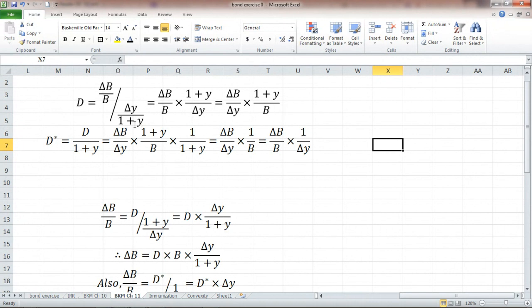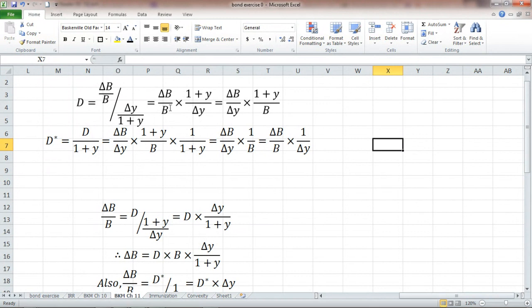So we only use the change in yield, okay? And then over 1 plus y. The bond price at time zero. Also, y is yield at time zero, because change always happens from the old to the new.